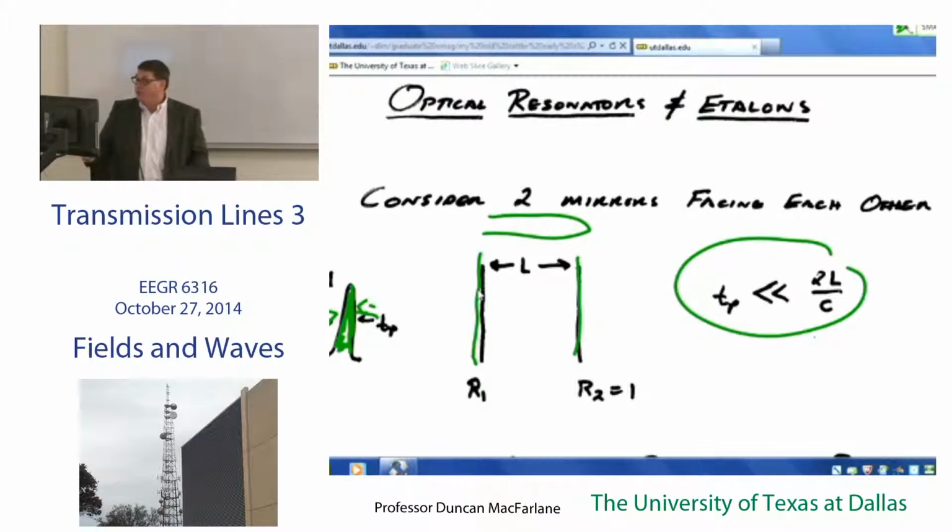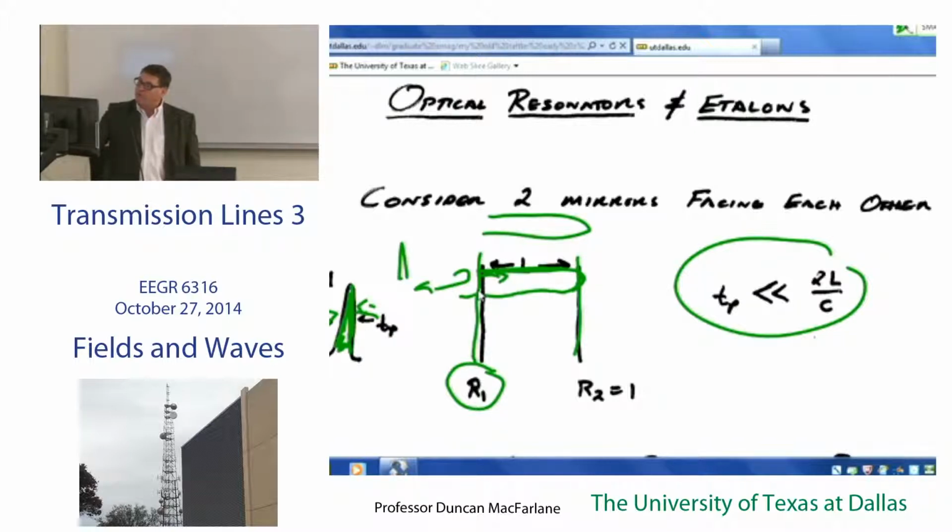And so what will happen is this pulse will come in, and it'll see the first mirror, and the first mirror has a finite reflectivity. So part of it will get reflected, part of it will go into the Etalon. It's short, a short pulse relative to the round trip. So it'll propagate, hit the back mirror, and then it'll come out.